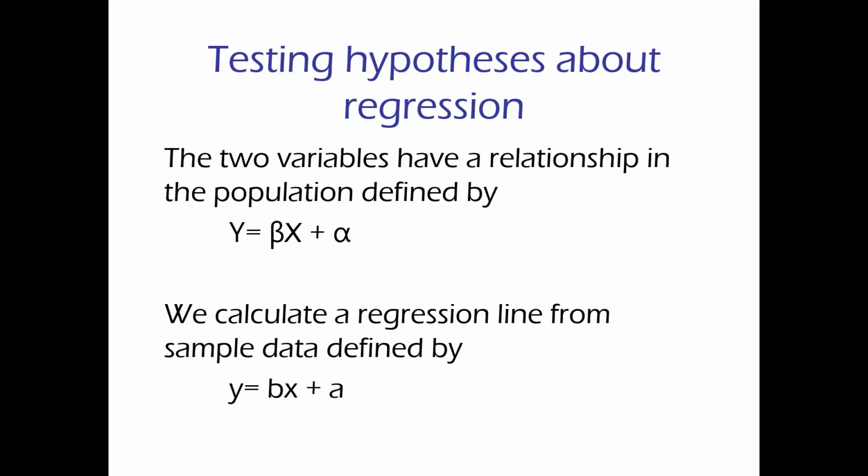To estimate this relationship in the population, we took a representative sample and fit a regression line in our collected sample, which is defined by y equals b times x plus a. So here, b is our estimate of beta and a is our estimate of alpha.